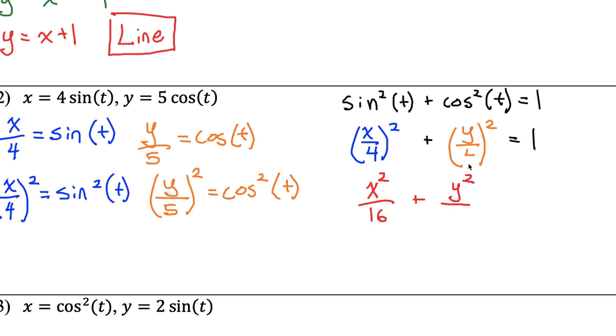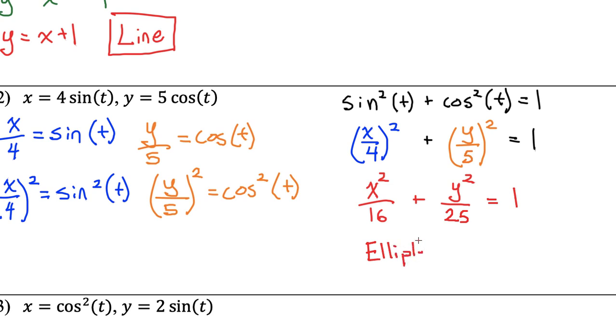I made a mistake there. That was a 5, I just did not copy it down correctly. That's a 5, this is 25, that's all equal to 1. This is not a hyperbola, this is an ellipse, rather, there we go.